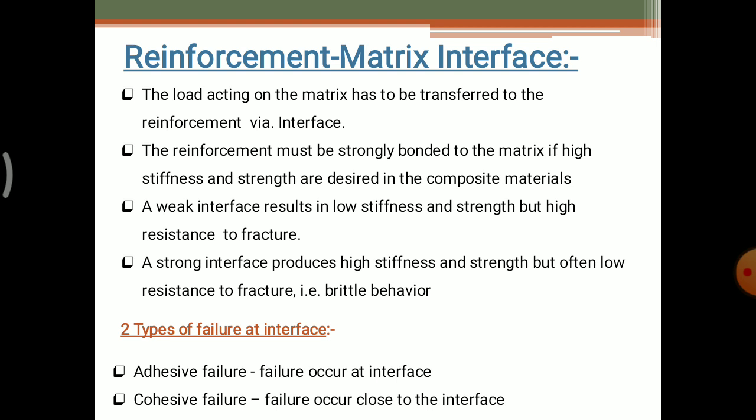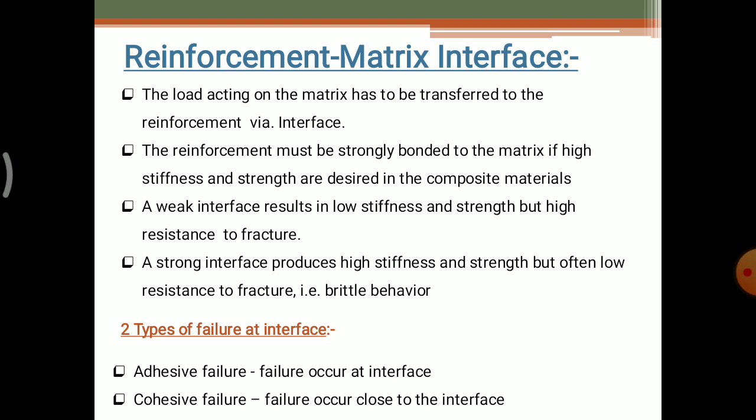A weak interface results in low stiffness and low strength, but it also has high resistance to fracture. So when we apply sudden loads on the material, it resists and has high resistance to fracture.